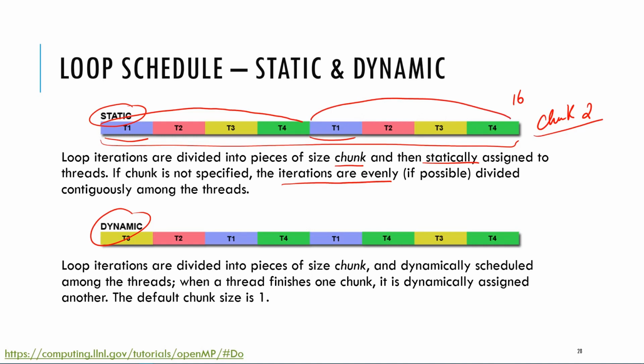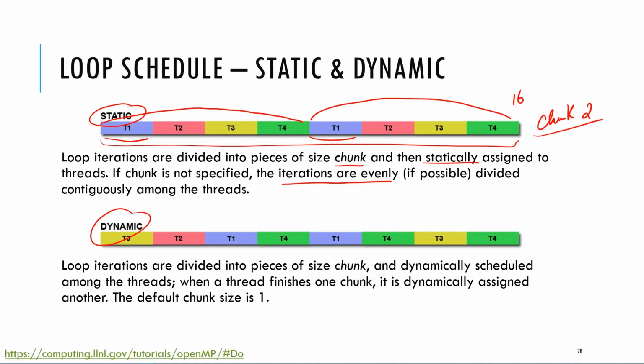We don't know if these threads will take the same amount of time to finish those chunks, but it's too late. The distribution has already been done to those threads.